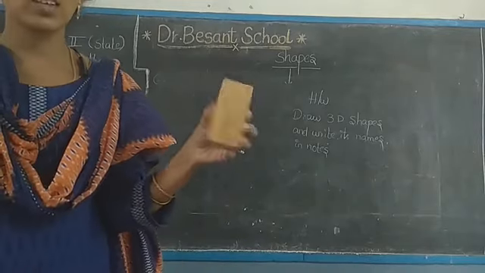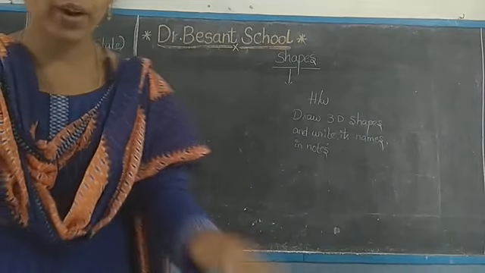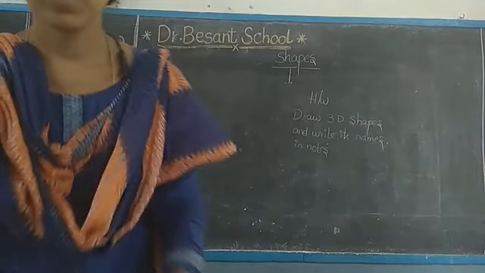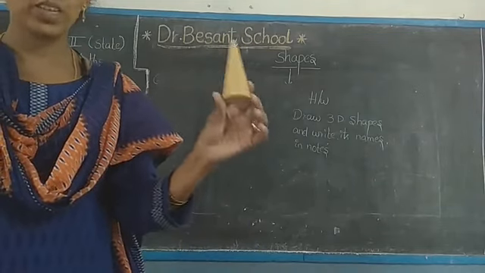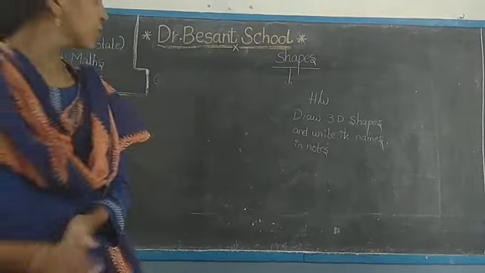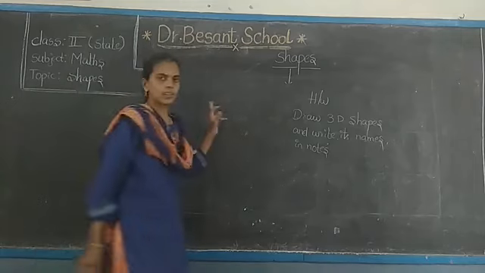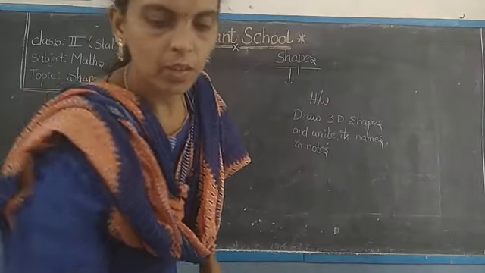Children, what is this? This is a cuboid. Children, what is this? This is a cone. Okay, children? This is about your homework and the class. I told you the concept of a cube. Okay? Thank you.